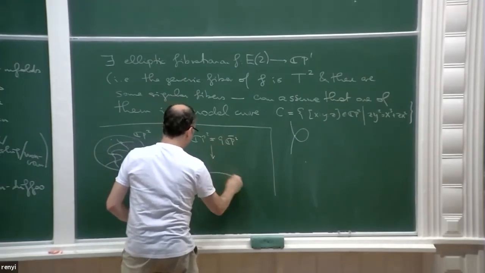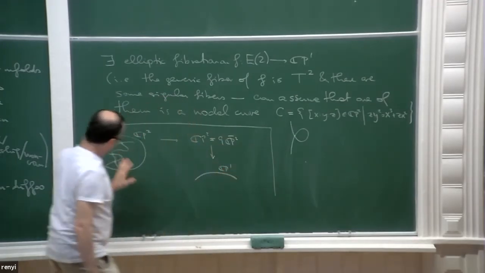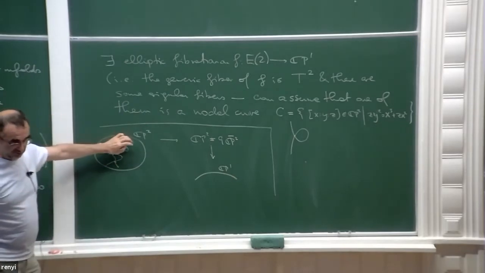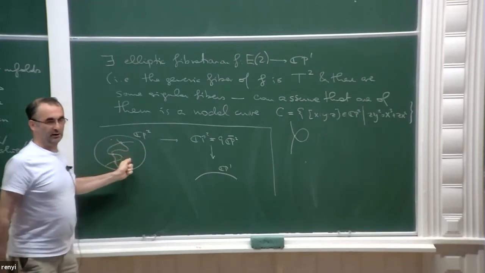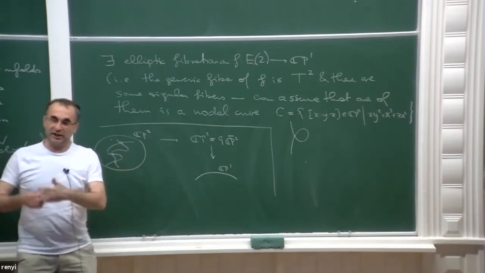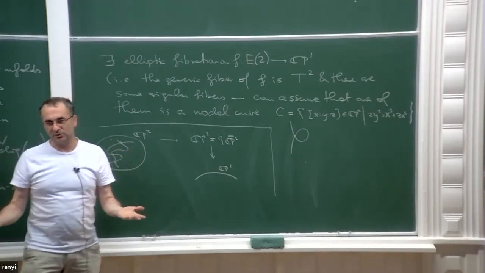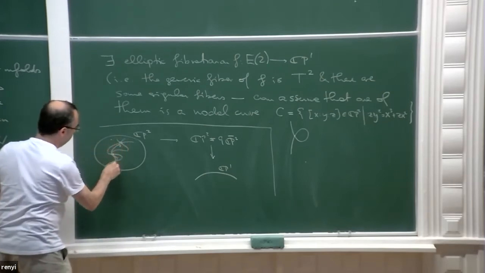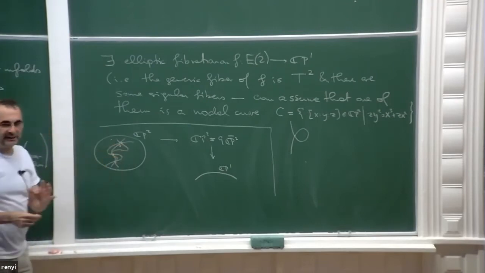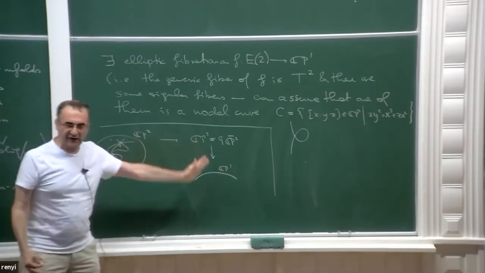So we have a fibration over CP1 after the blow-ups, and the generic fiber will be the corresponding degree 3 curve, which in the generic case will be just a T2. And if this curve happens to be singular, then the resulting fiber will be singular.